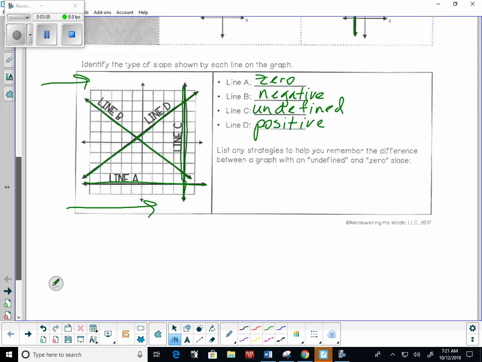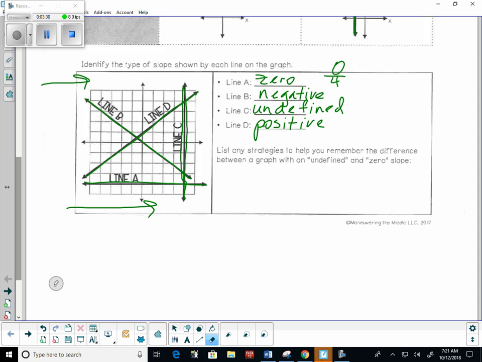Example of zero slope might be 0 over 4. That would be a zero slope. An example of a negative slope might be negative 4 over 3. And we could remind ourselves that's the same thing as 4 over negative 3.